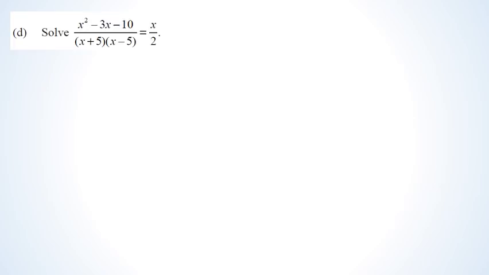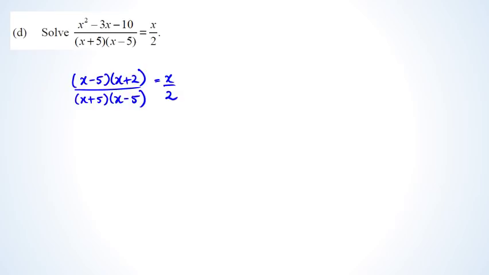With question D, guys, if I look at the quadratic at the top, it was the same as question C. So I'm going to write that down straight away as x minus 5 and x plus 2, divided by x plus 5 times x minus 5, equals x over 2. If you decide to cross multiply now, it can get really ugly, because you'll end up with a cubic and you will not be able to solve it at level 1.